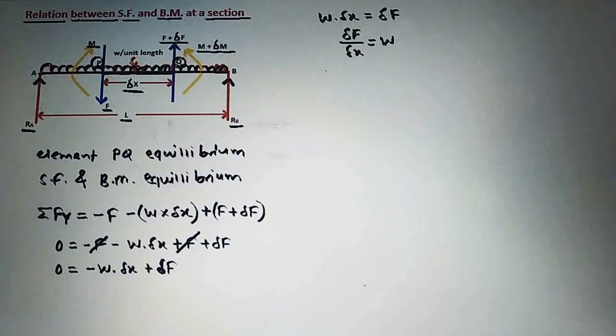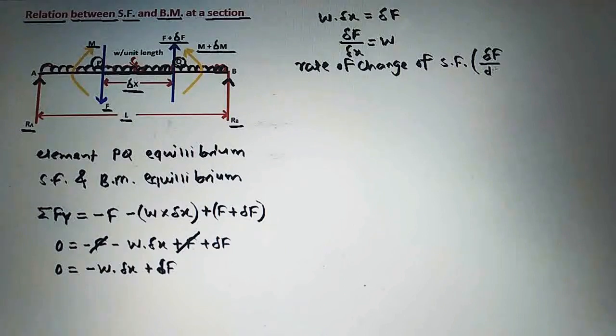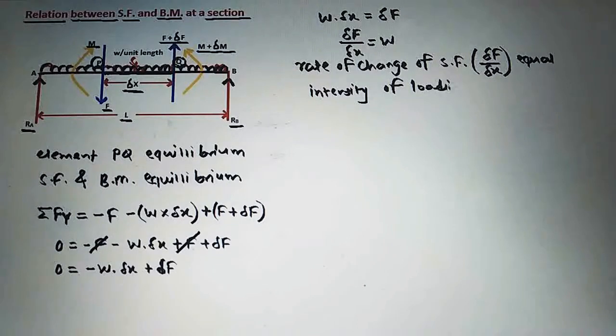So from this we can write the rate of change of shear force, that is delta F divided by delta X, is always equal to the intensity of loading on the beam, and that intensity of loading on the beam should be W here.